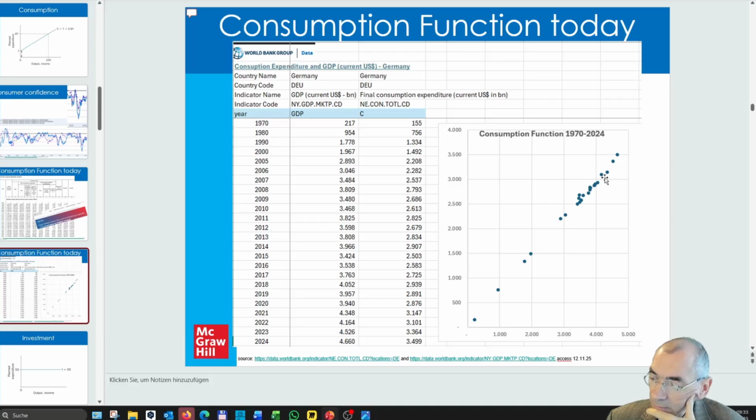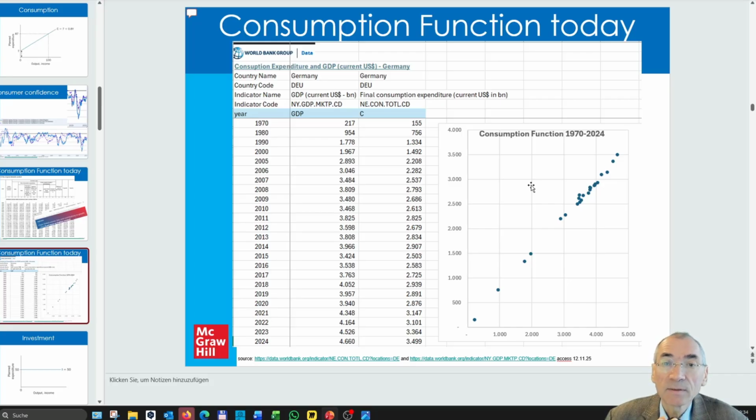And then we bring these two together in a graph, and you might decide for yourself whether you have the feeling, yes, this graph is relatively similar to the idea of Mr. Keynes, or whether we had to say, this graph is totally different. And of course, this is a rhetorical question. It looks quite similar to what Keynes said.